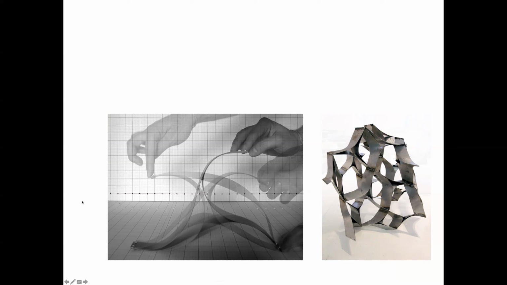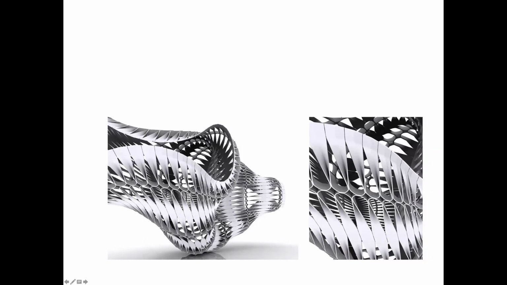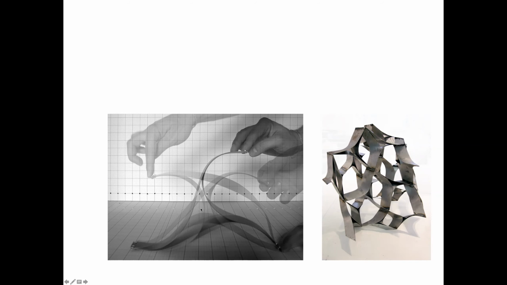So one way to think about this is to start modeling with something that's actually flat, right? So here was a project done at the AA, the Architectural Association in London, by grad students, where looking at something complex like this, they started with pieces of paper and also pieces of sheet material like metal. They started with something that was actually flat.